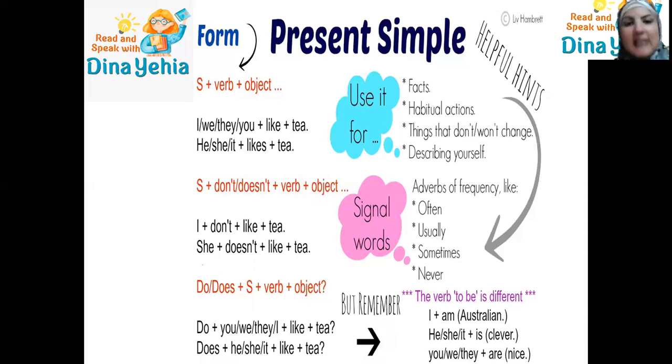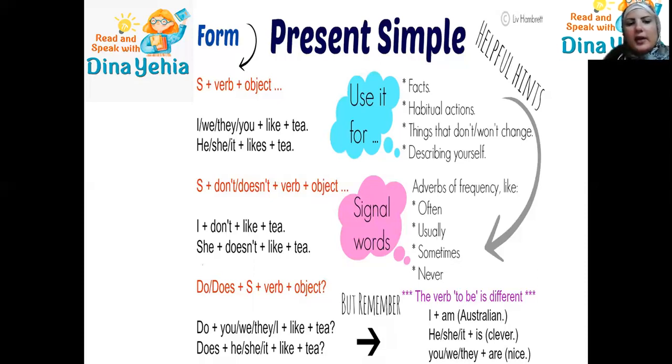I used to tell my students that does swallows S. What does this mean? This means that whenever you have does, either in the negative form or in the interrogative form, the question form, there is no S in the verb.